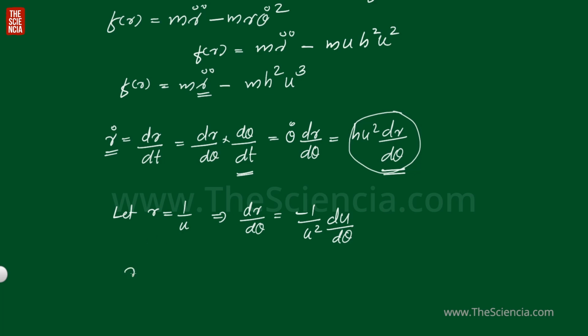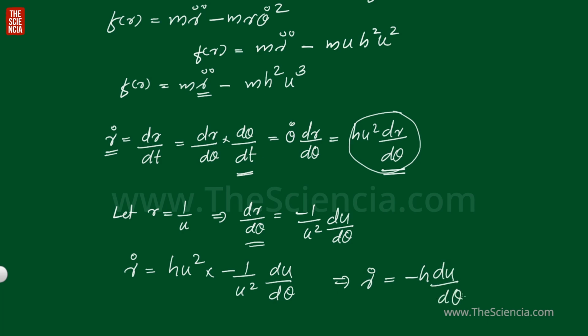So I can rewrite this as r dot is equal to h u square, and dr by d theta we found here, that is equal to minus 1 by u square du by d theta. That is, we get r dot is equal to minus h du by d theta.